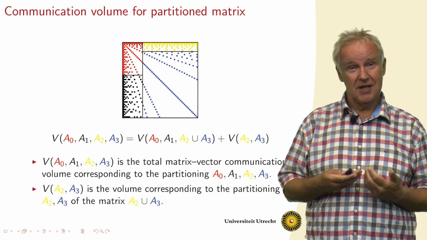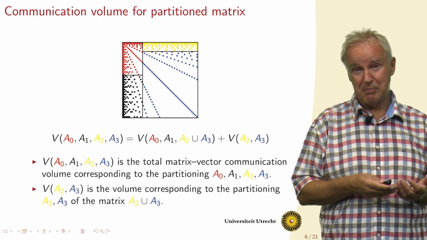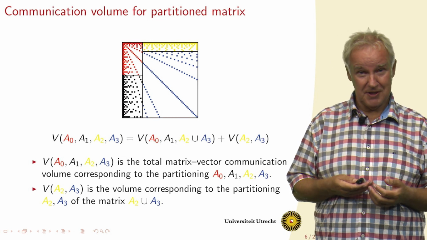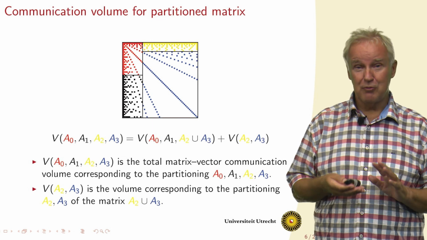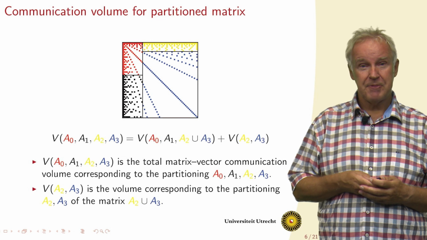So this is a property of the communication volume of our parallel sparse matrix vector multiplication. It's not trivial. The proof is relatively easy, but I won't do it here.